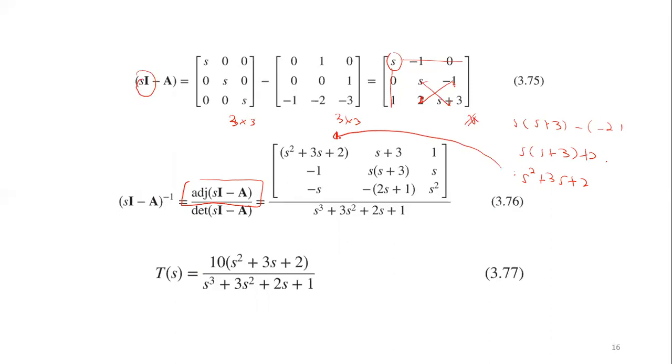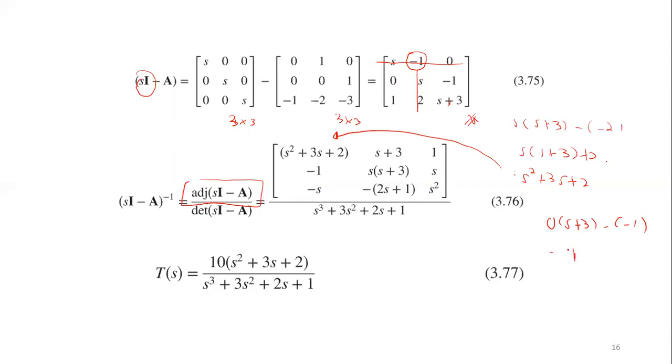So similarly, if you want to do it for S plus 3, you have to keep this. So what happens here is 0 times S plus 3 minus 1. So you will get, it's supposed to be 1, right?